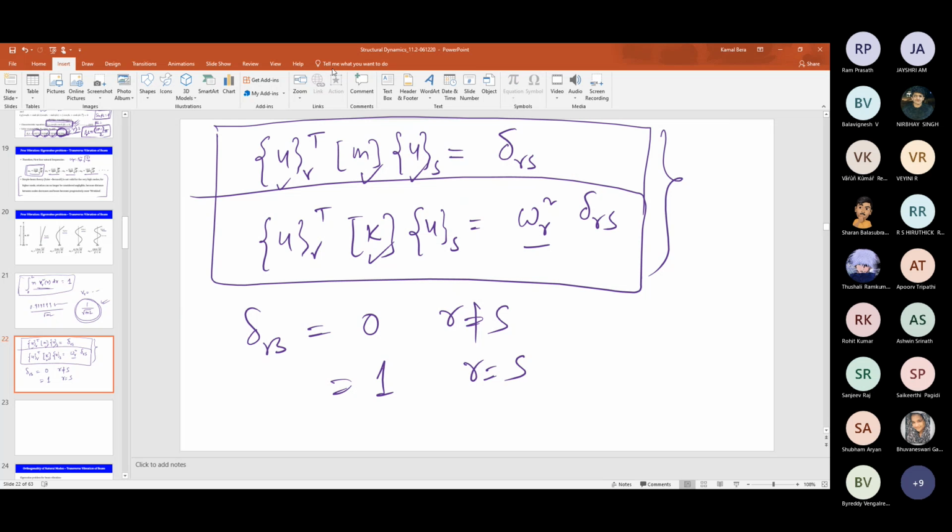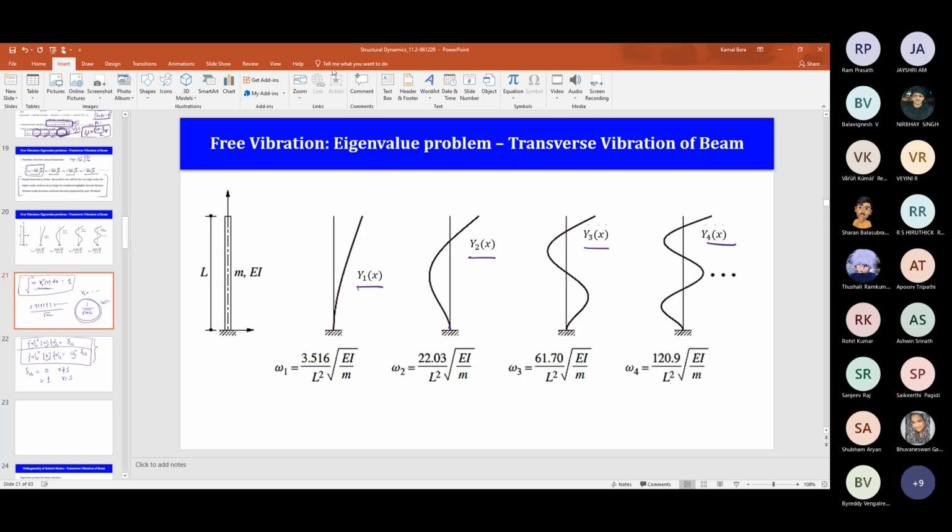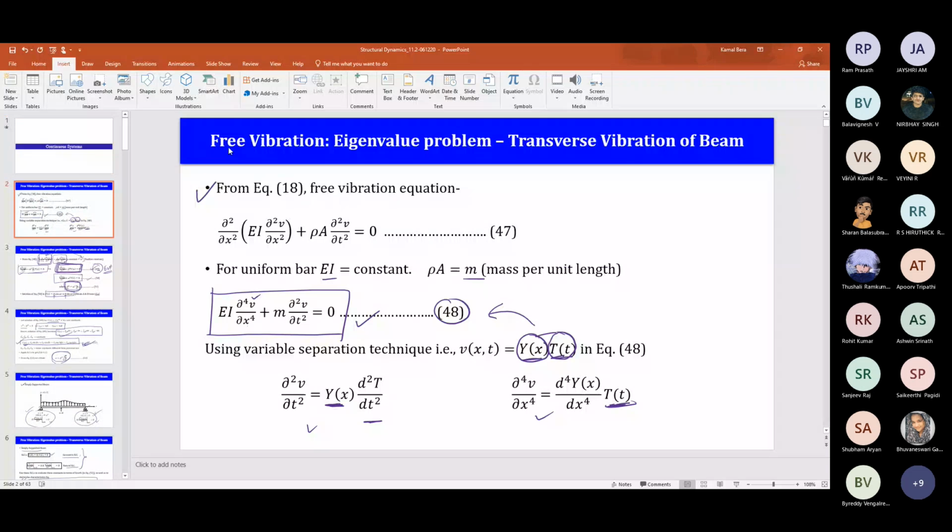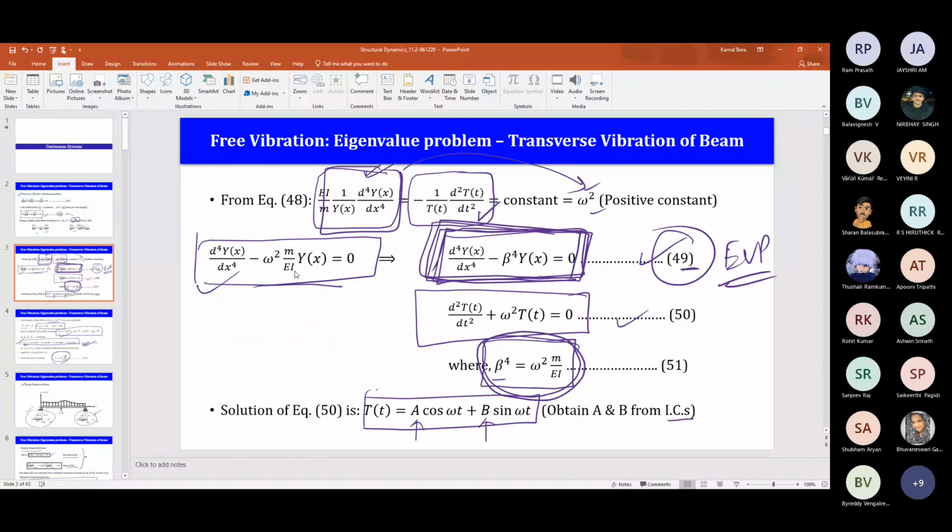So what is our eigenvalue problem? Let me go back to the slide. This is the eigenvalue problem, and it is equally applicable if the beam is non-uniform also.